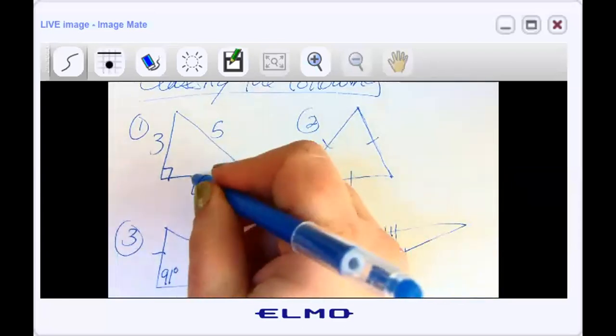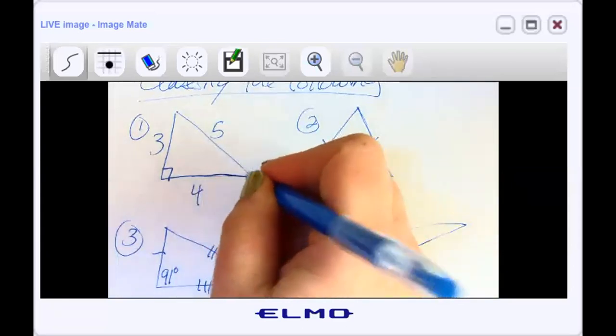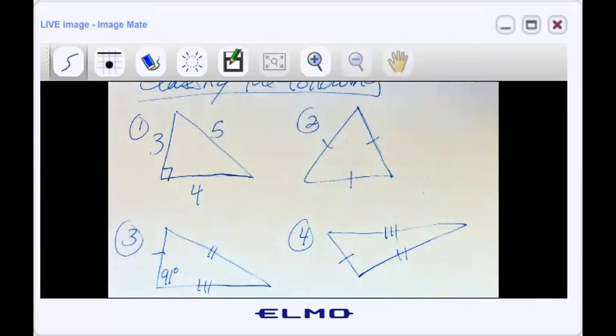I want to name them once from each category, so by angles and by sides.